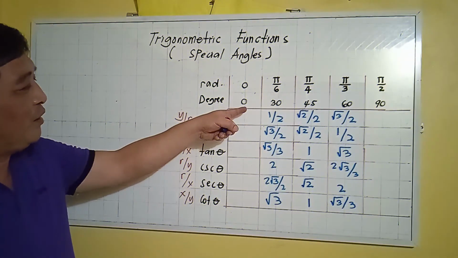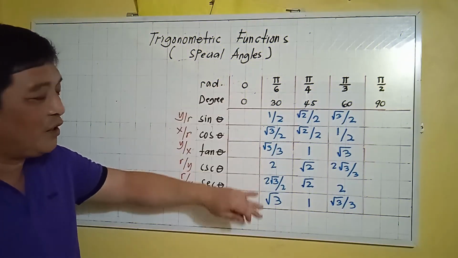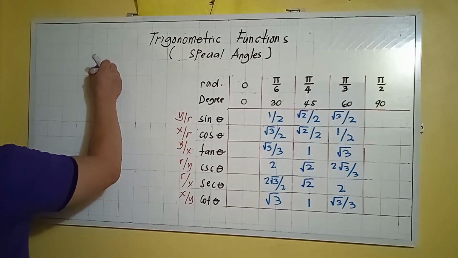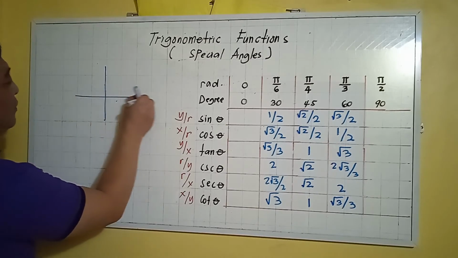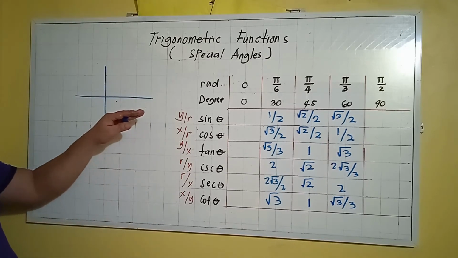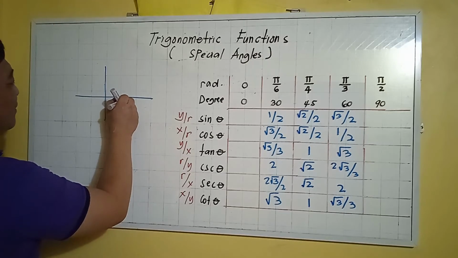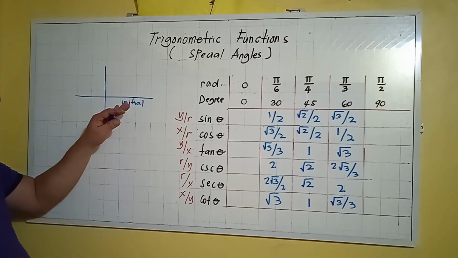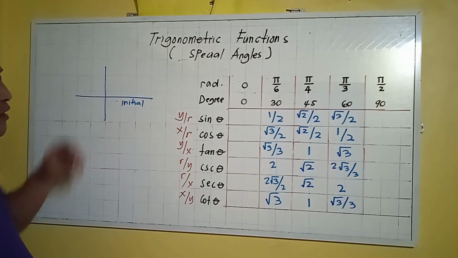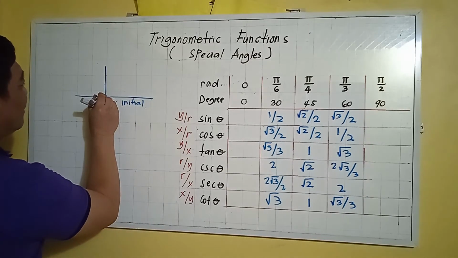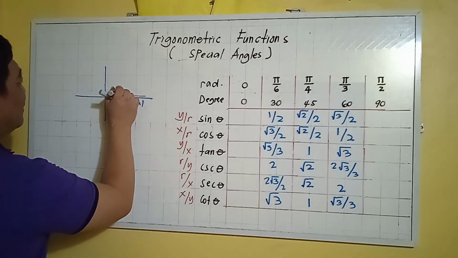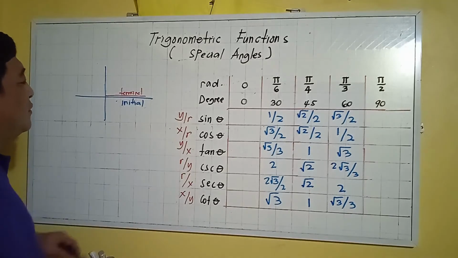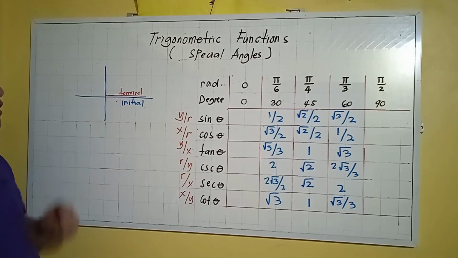For 0 degrees, to find the value of these 6 trigonometric functions, imagine the Cartesian plane or a unit circle. Here is the initial side, and at the same time the terminal side is there. It coincides with the initial side.